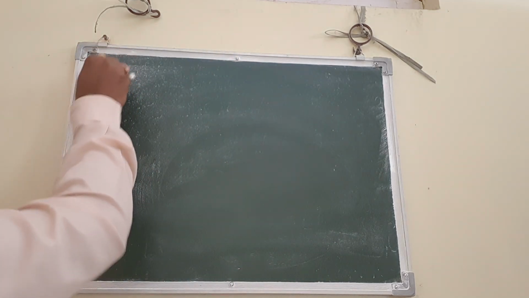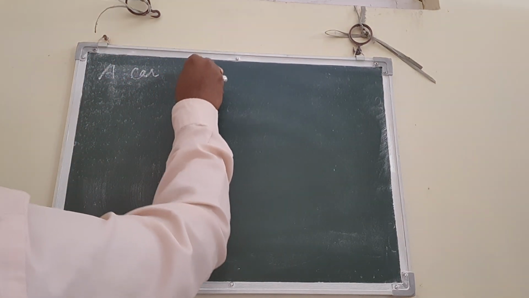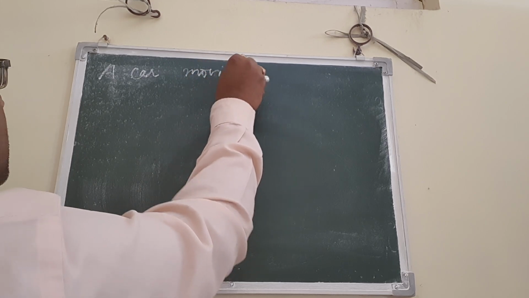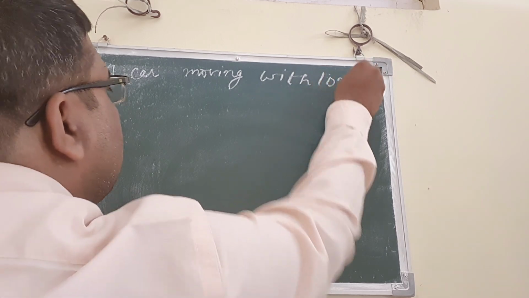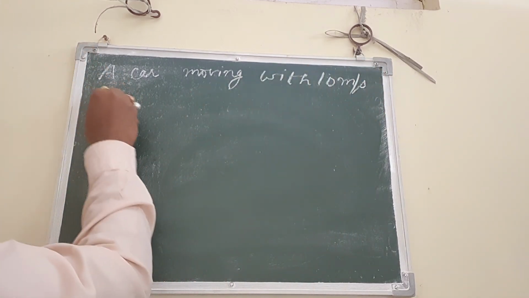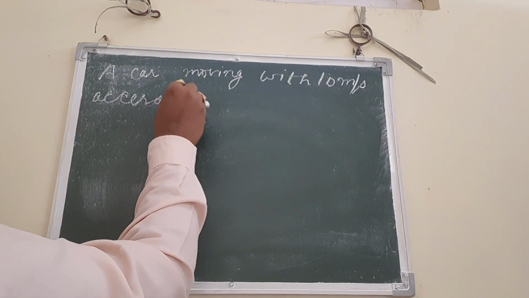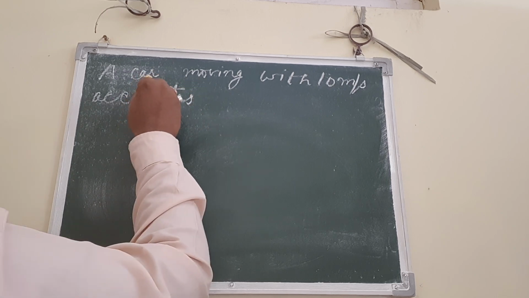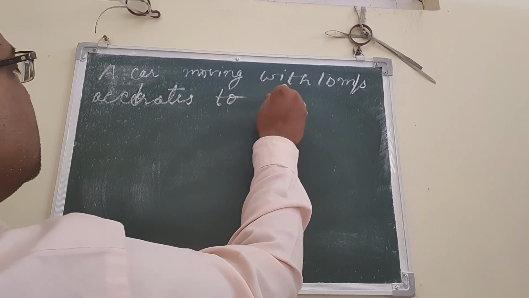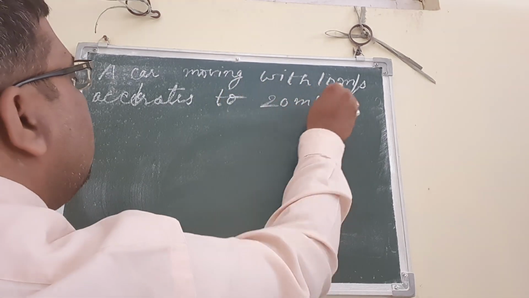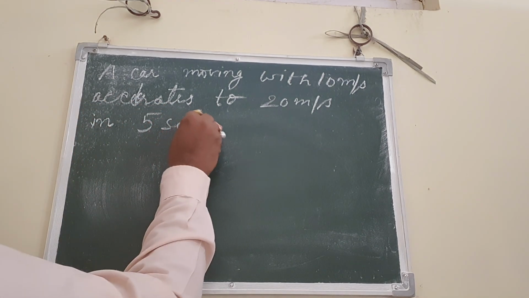So the first question is: a car moving with 10 meter per second accelerates to 20 meter per second in 5 seconds.